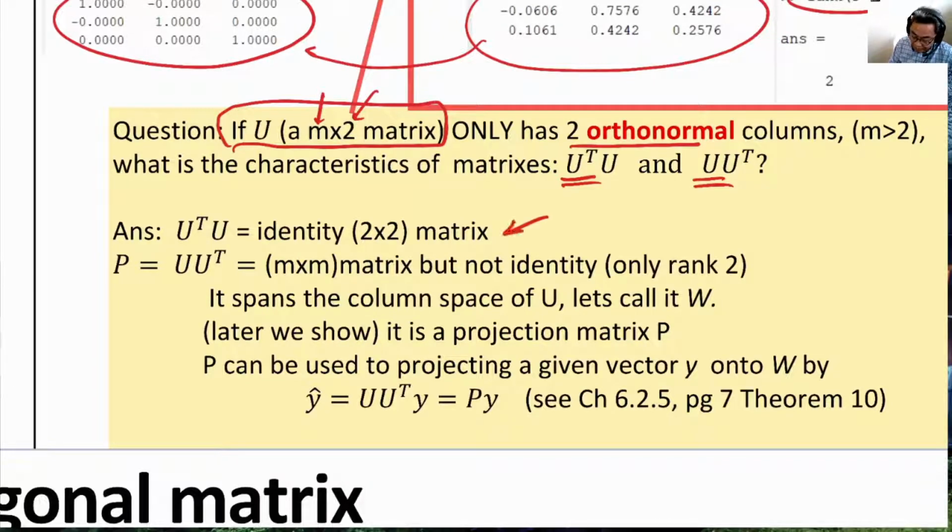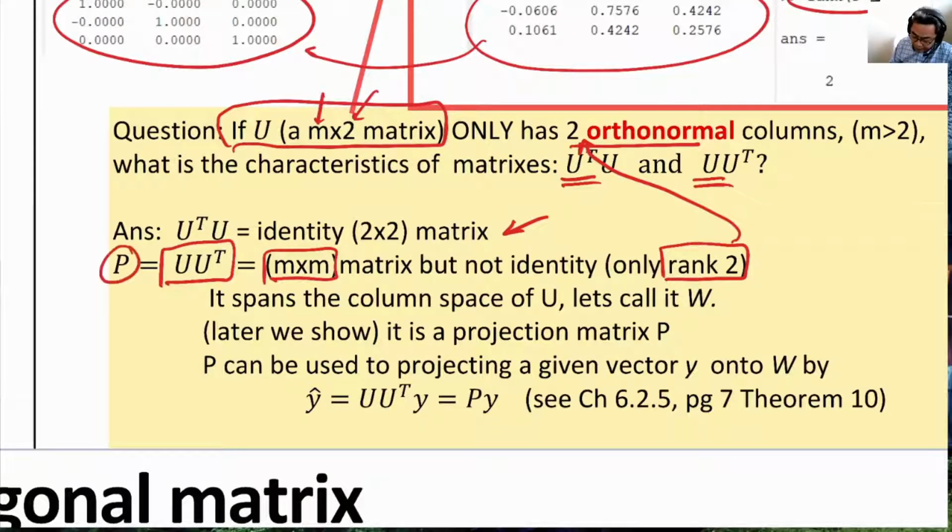First, U transpose U will give identity because the two columns are orthonormal. U U transpose will not be identity. First, it will be of dimension m by m. This is a square matrix, but it's not identity. It has a rank of 2 because it was formed by 2 independent columns.